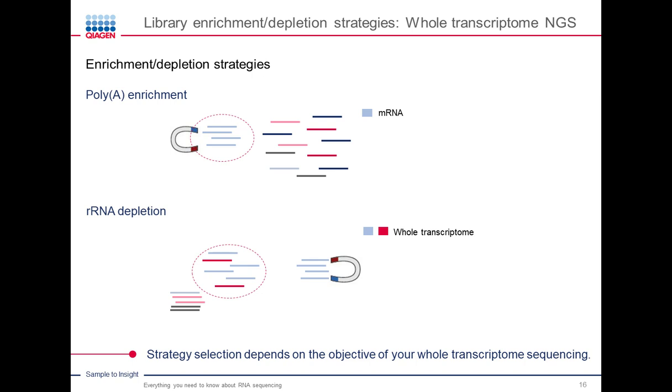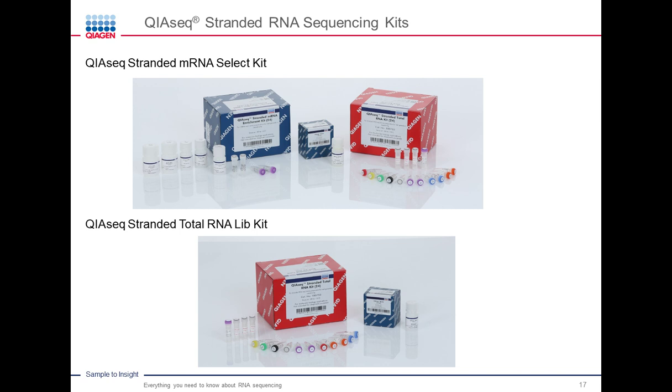So if you're interested in long non-coding RNAs as well, you want to perform ribosomal depletion. Basically that means you are removing the ribosomal RNAs and you are left with your mRNAs and your long non-coding RNAs. The strategy ultimately depends on what you want. So if you want mRNAs, it's fine to just enrich for those. But if you're interested in mRNAs and long non-coding RNAs, make sure to perform ribosomal depletion.